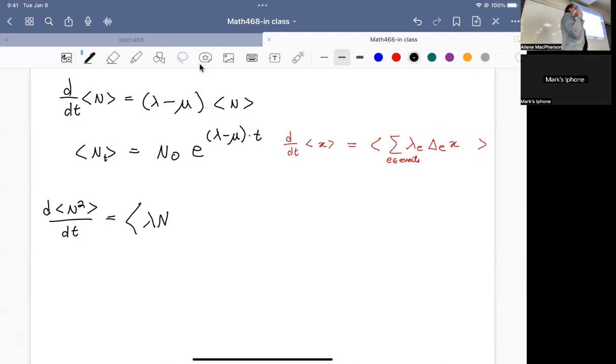Then I want to say, what is n squared after a speciation event occurs, minus n squared before the speciation event occurred. So after the speciation event occurs, I have n plus 1. I want to square that, and subtract the square of the number before the speciation event occurred, plus this other type of event, which is an extinction event.